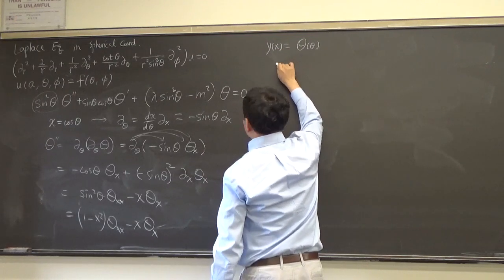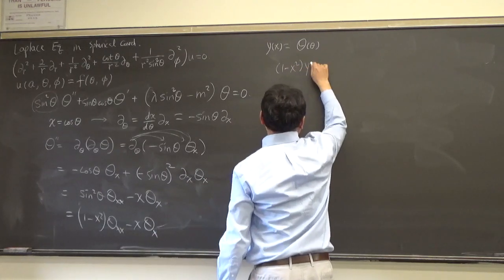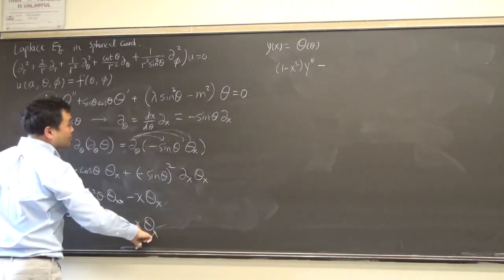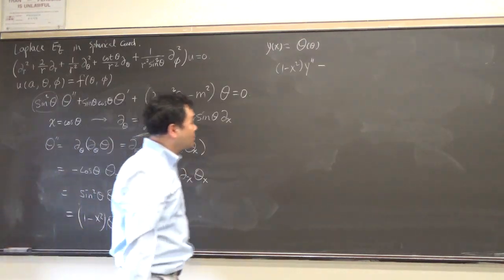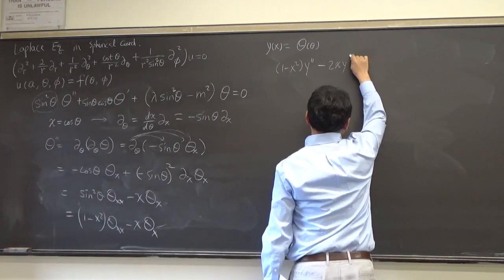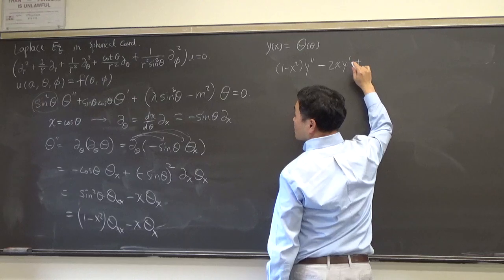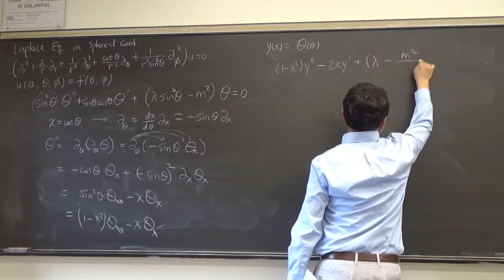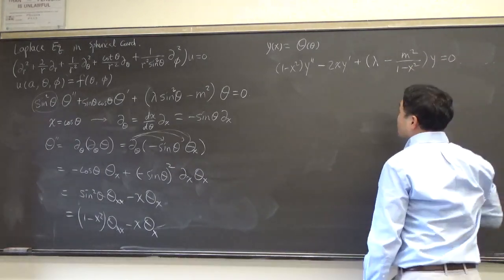So what you get is 1 minus x squared y double prime. There's a negative x derivative by x coming from here, and there's another one somewhere here. So you get negative 2x y prime plus lambda minus m squared over 1 minus x squared y equals 0.